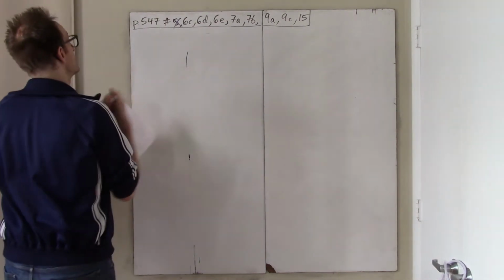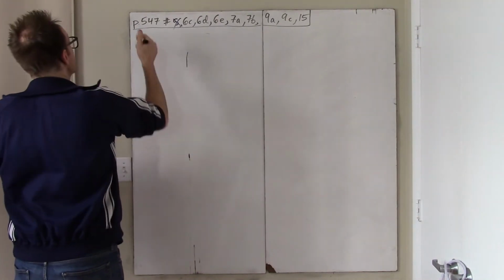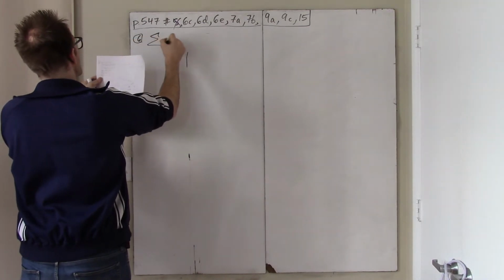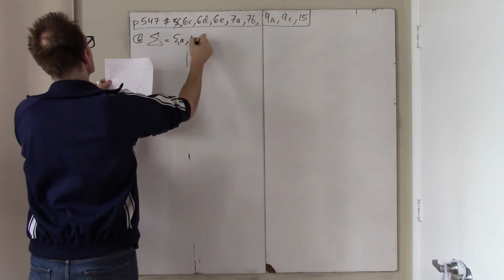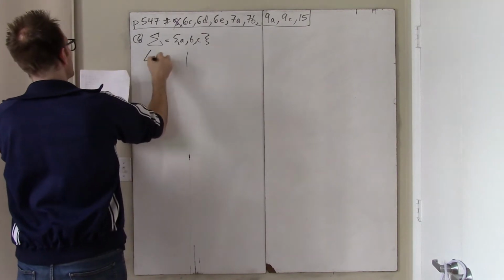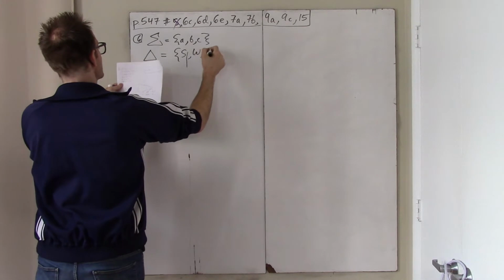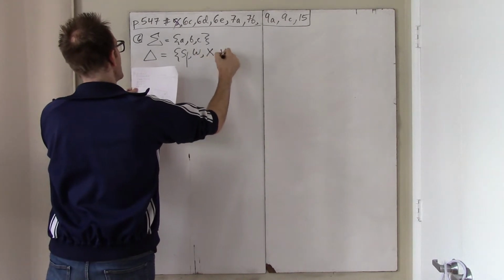So what was this problem? This problem number 6. It said, okay, sigma is A, B, C. The set of non-terminals, you don't really need to tell me that, but it's S, W, X, Y.